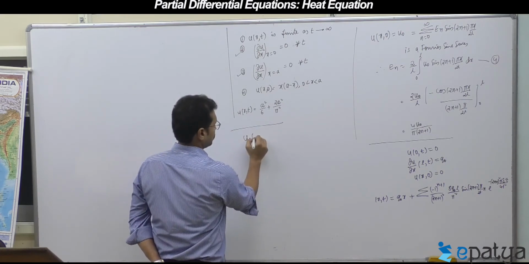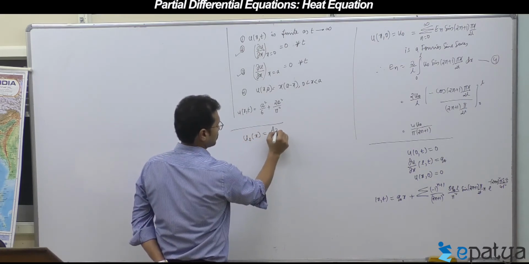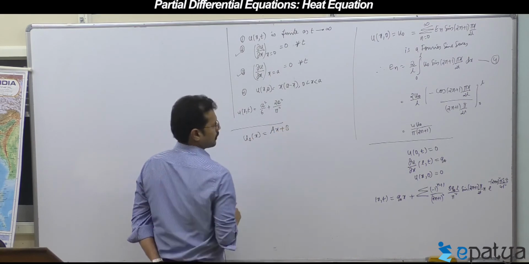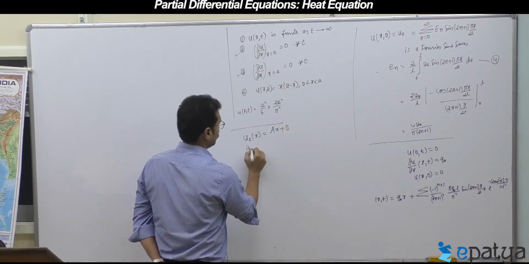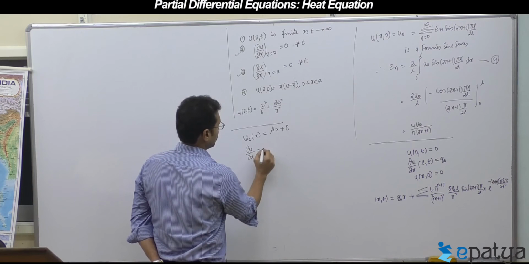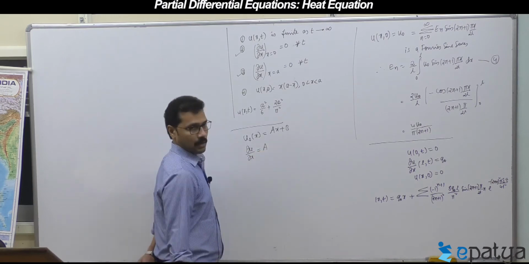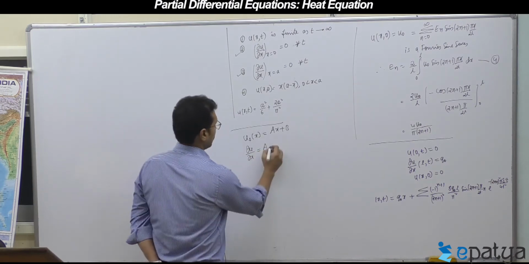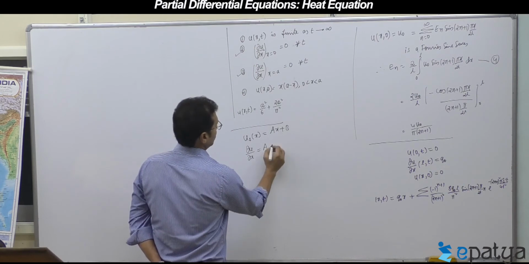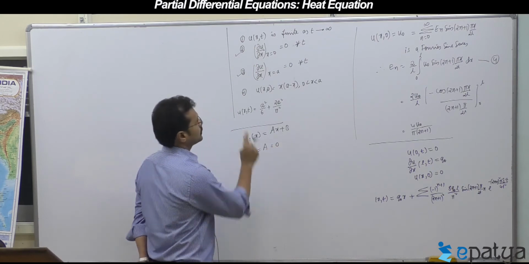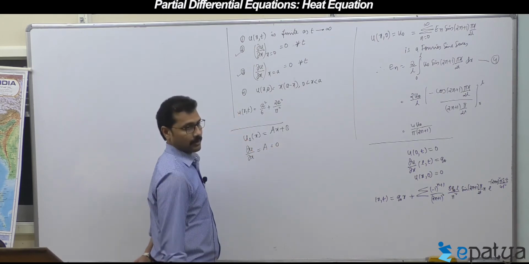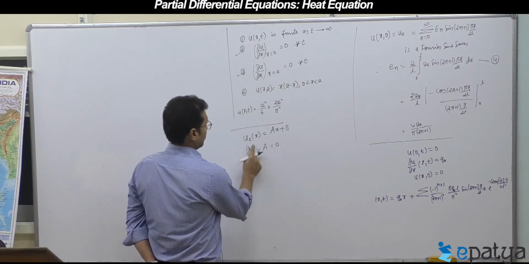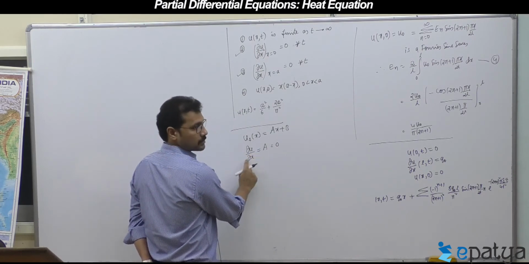When you talk about the steady state u s of x, which is ax plus b, dou u by dou x equals a, which is 0 at either x equal to 0 or x equal to a, at both the ends.